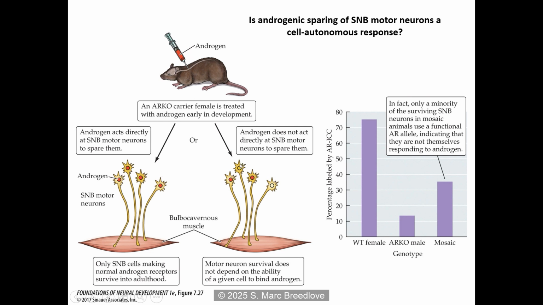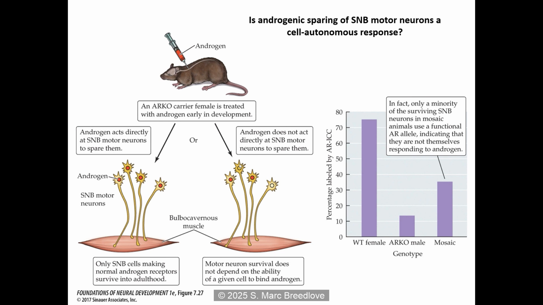You give them testosterone early in life to keep the system alive, and then you ask, was it only the motor neurons that have an androgen receptor gene that were spared? If so, that would suggest that androgen acts on the motor neuron itself to keep it alive. Everyone see the logic of that?